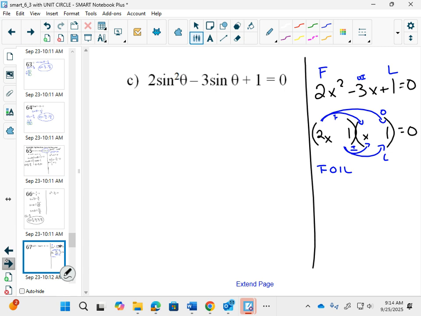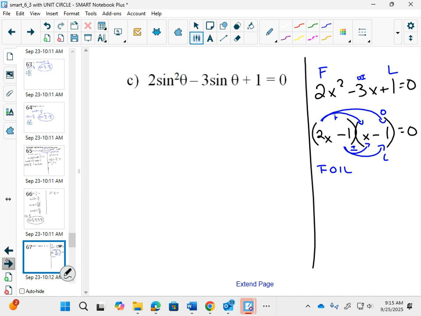Now I'm going to look at my outside and inside. My outside makes 2x. My inside makes 1x. I need a -3x. Does it make sense that I would need a -2x and a -x? And using that strategy can often get you to factor very quickly. Okay?